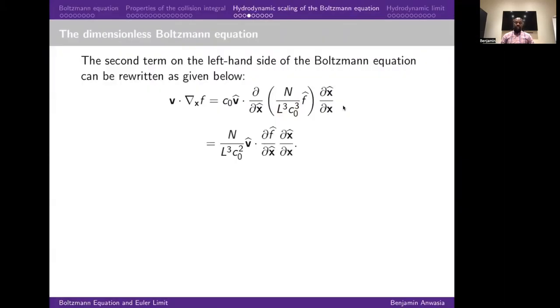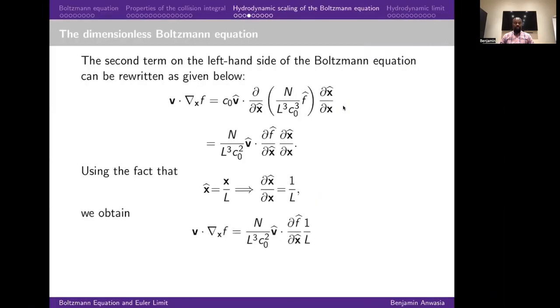Now, using the definition of the dimensionless space, x hat, which is equal to x divided by L, taking the partial derivative of x hat with respect to x, we obtain that it is equal to 1 over L. Therefore, the previous equation can be rewritten as follows.